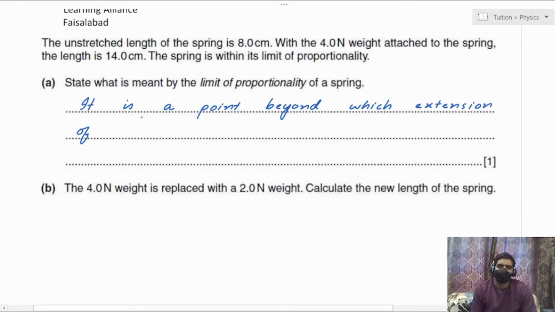Beyond which extension of a spring is no longer proportional to the load.